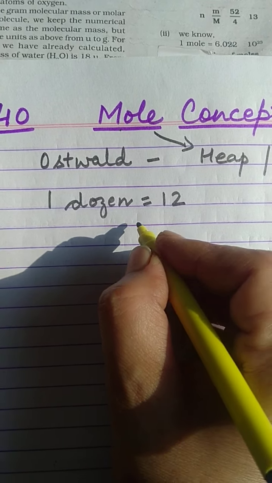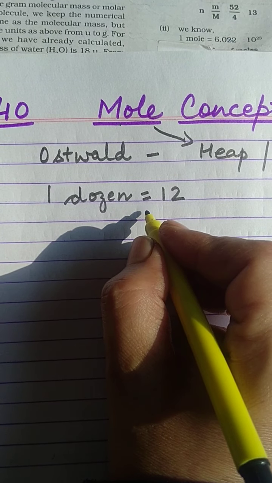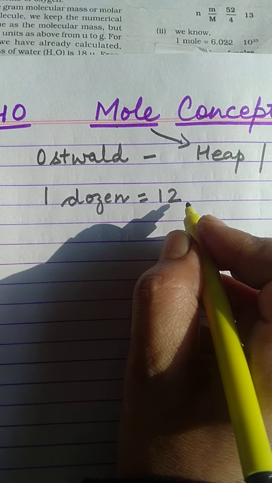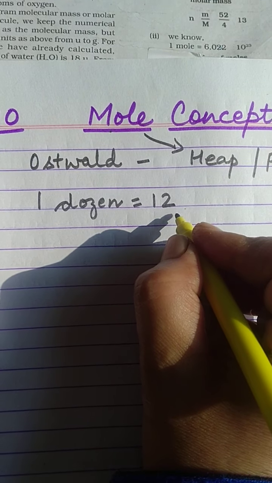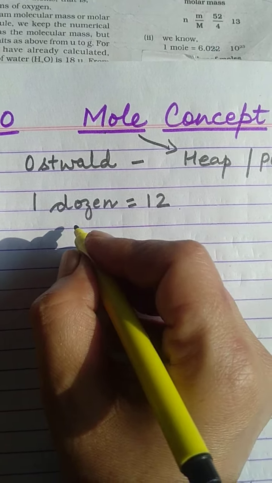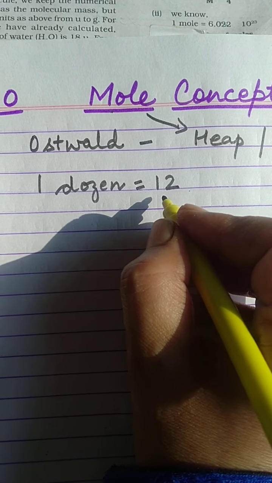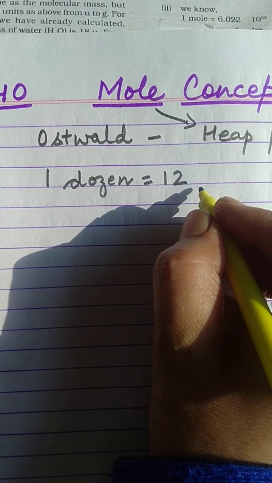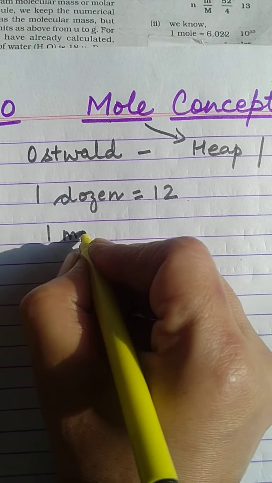No matter what you are purchasing, 1 dozen always means 12 units. If you take eggs, if you say give me 1 dozen eggs, he will give you 12 eggs. Similarly, 1 mole.